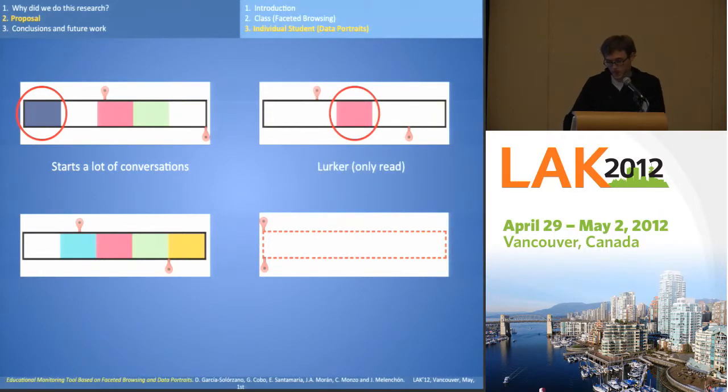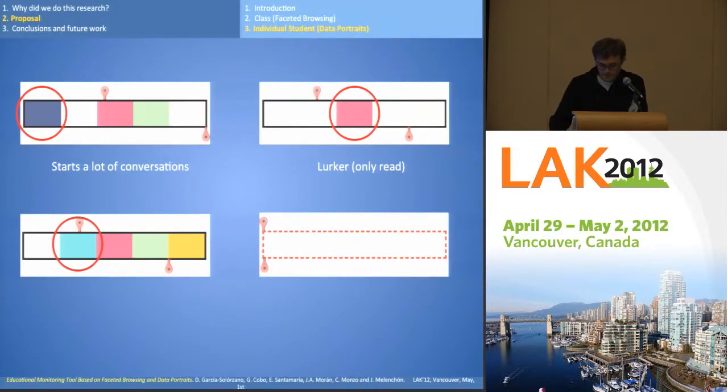Only reads. And this third one, we can see this student doesn't start any conversation, but replies to a lot of messages. So he is a good classmate, because he helps the other students in the class. We can see this profile because the second square is dark, and he also reads a lot of messages, and he has a good average.